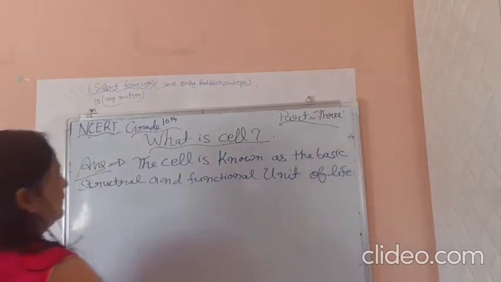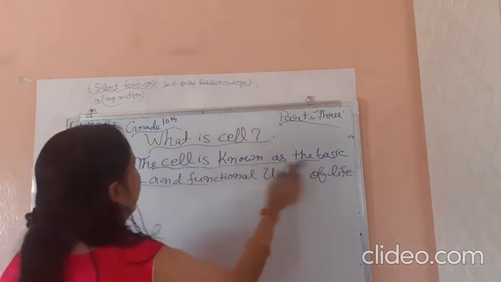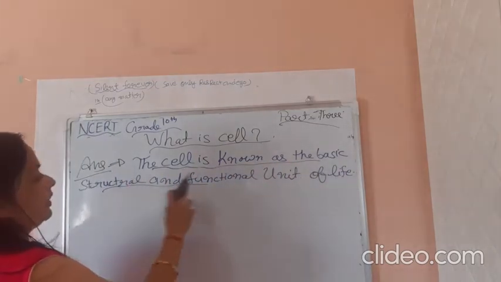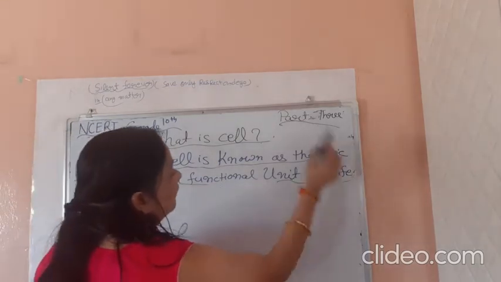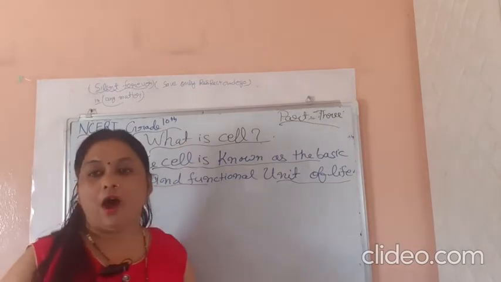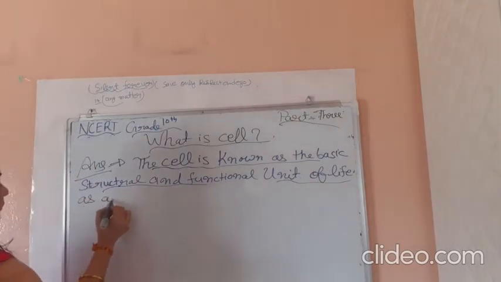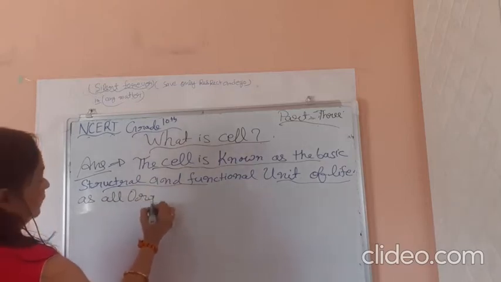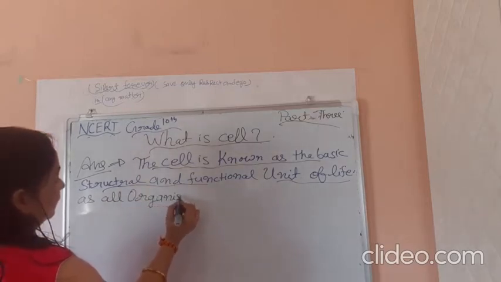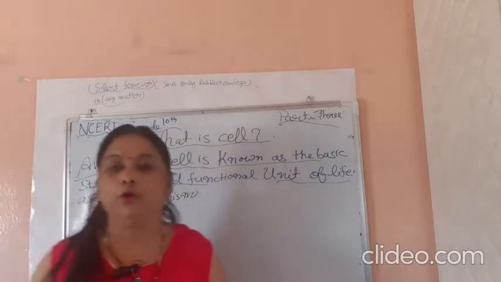This is a cell. What is a cell? The cell is known as the basic structural and functional unit of life, as all organisms are composed of cells.